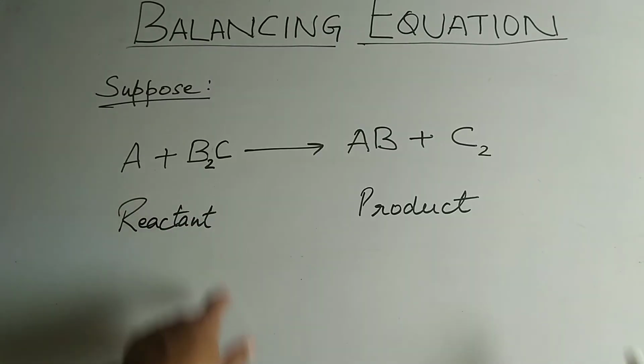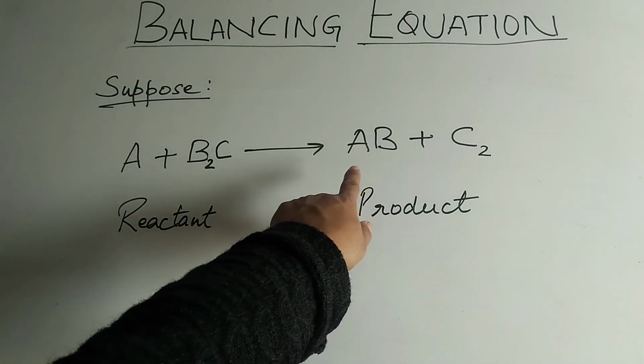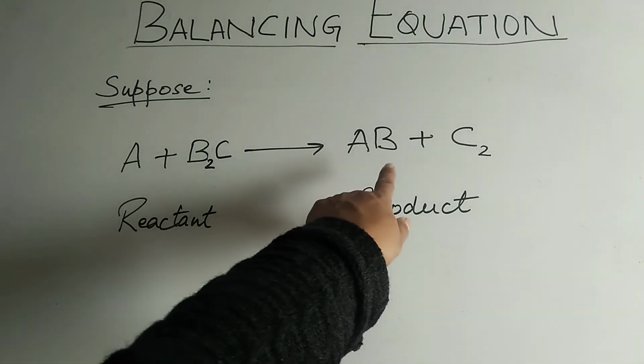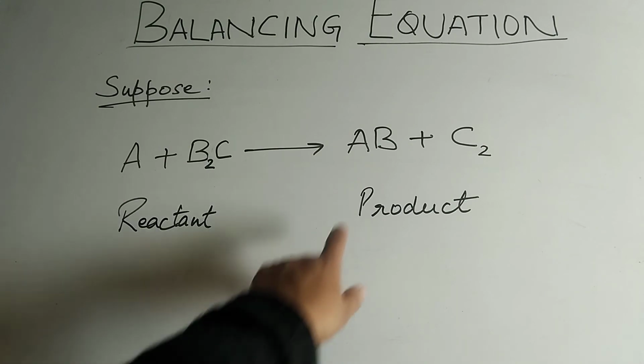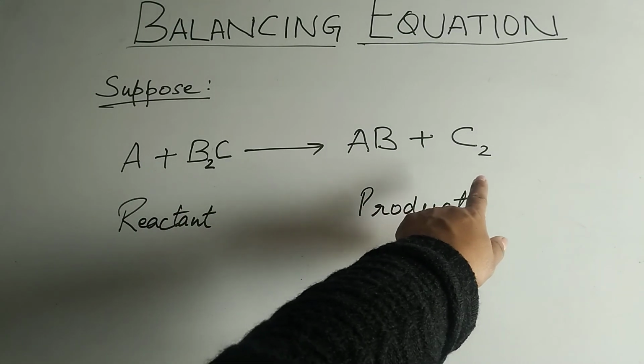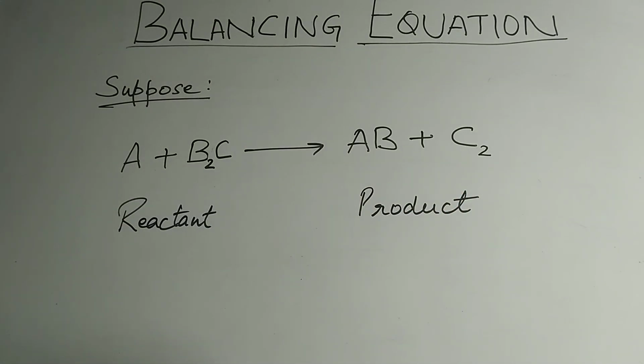B 2 atoms and C 2 atoms. A has one here, A has one here also, so it is already balanced. B has two here, but it has only one over here. So we have to balance B. C has one here, but it has two here, so we have to balance C also. Right? So what we are going to do is balance B and C.